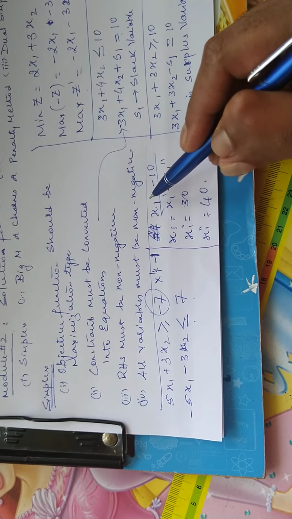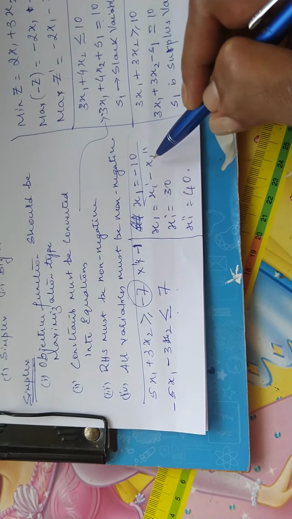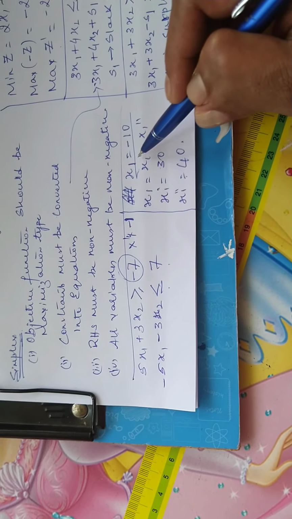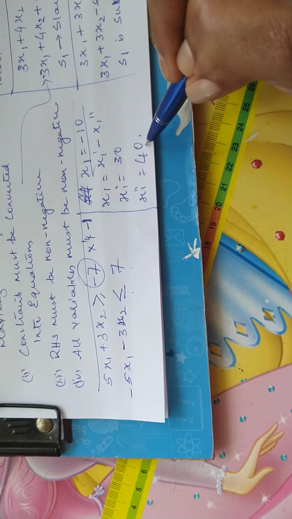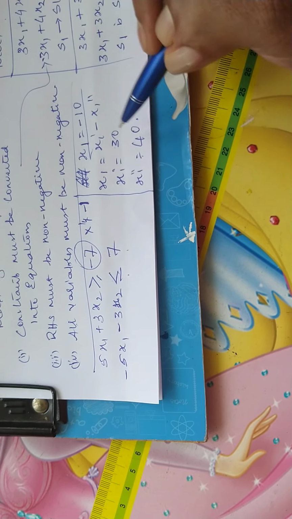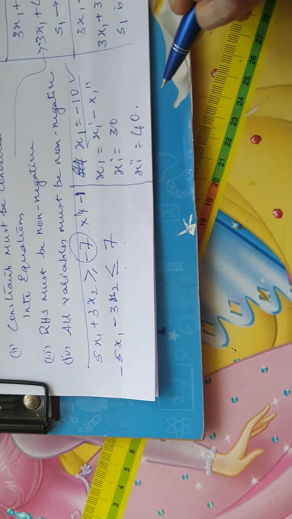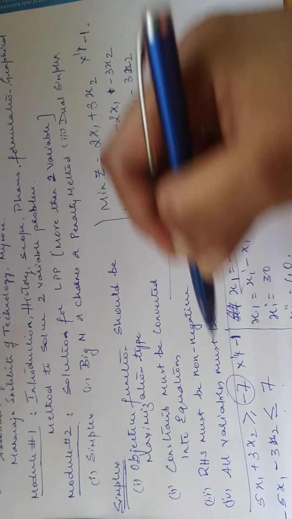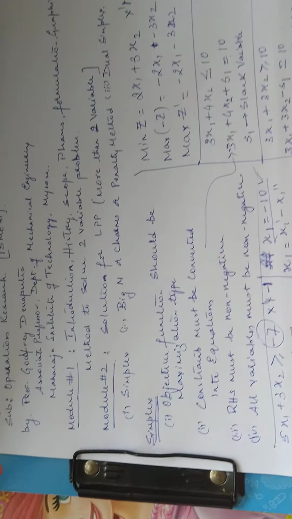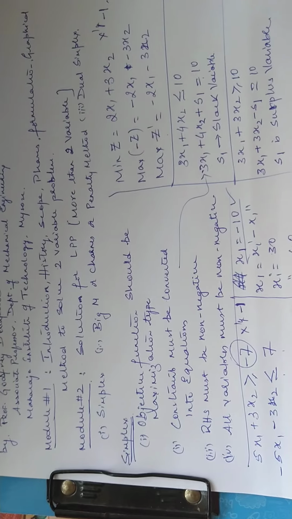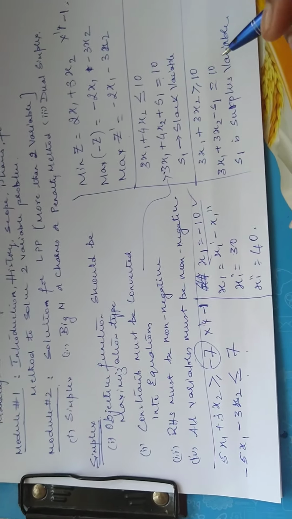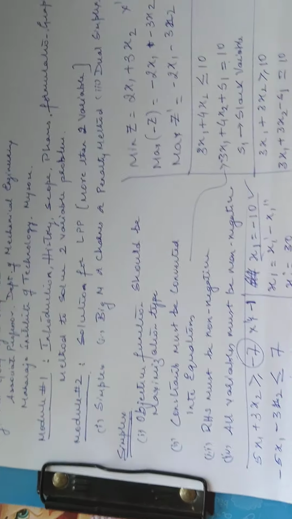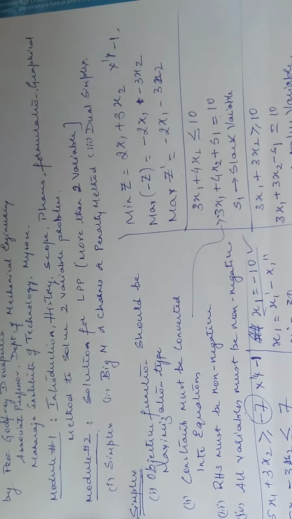So now the single variable problem has become a two variable problem. Here x1 dash can assume a value of 30 and x1 double dash can assume a value of 40. So 30 minus 40, this equation still holds good. These are the procedures that need to be used in order to bring an LPP into standard format, to later solve it by using the simplex method. I'm going to teach you how exactly the procedure needs to be used in my next video.